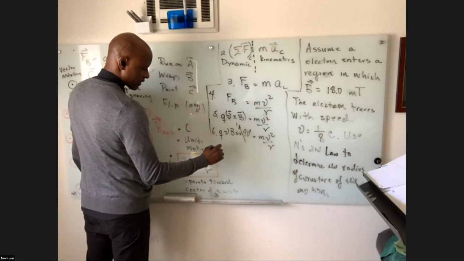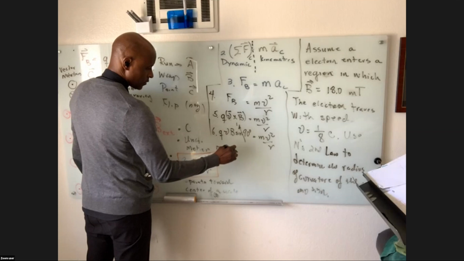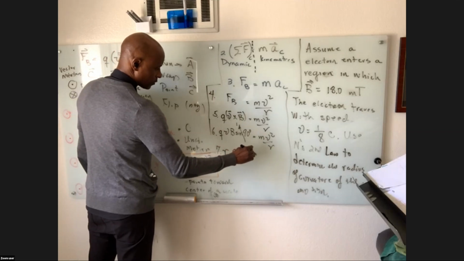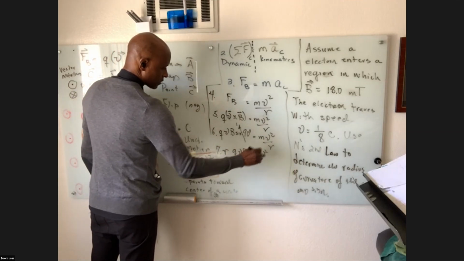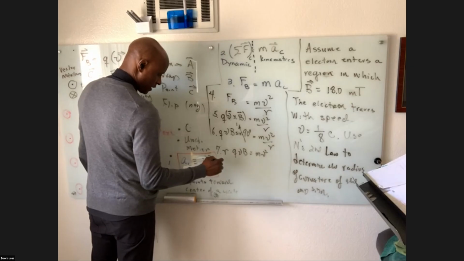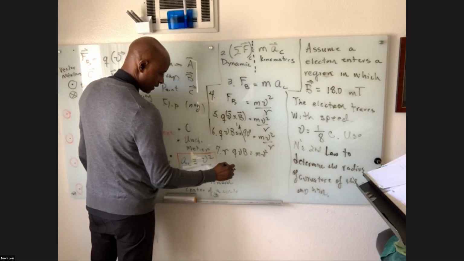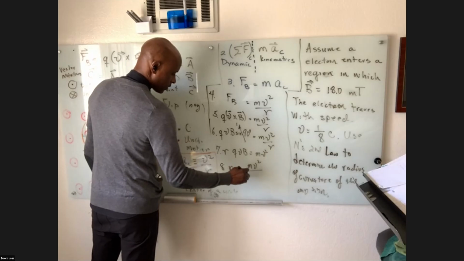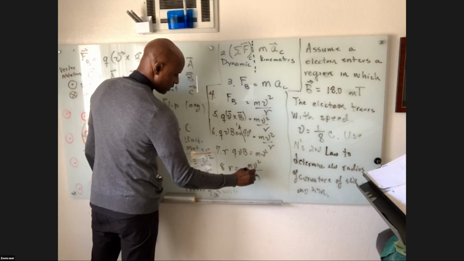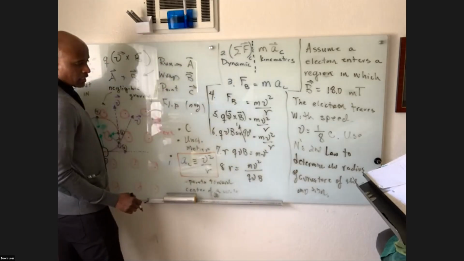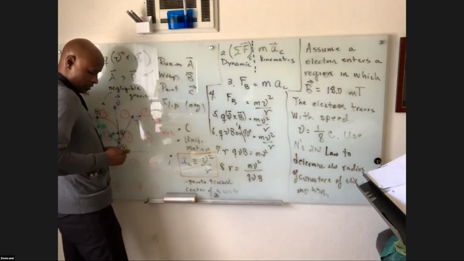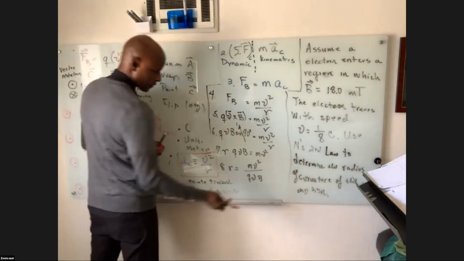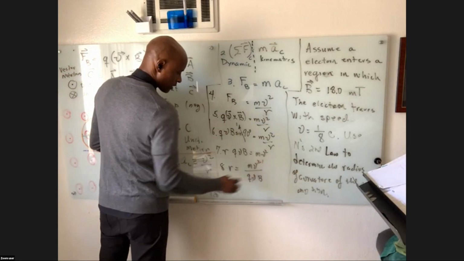So multiply through by R: I've got R times QVB equals MV squared. Now divide by QVB, and I have R equals MV squared divided by QVB, and one of the V's cancels, so I've got one left.